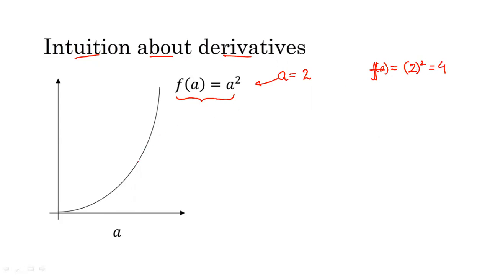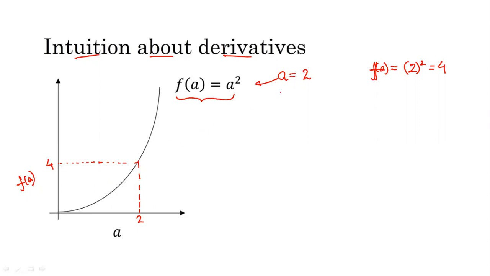Now let's mark this point on this graph. If we take the value of a equal to 2, and the y-axis represents the function output, that is f of a, this will be my output, a square, that is equal to 4.